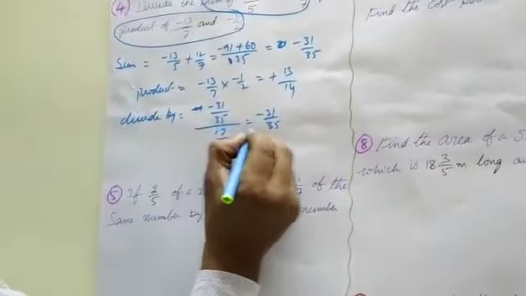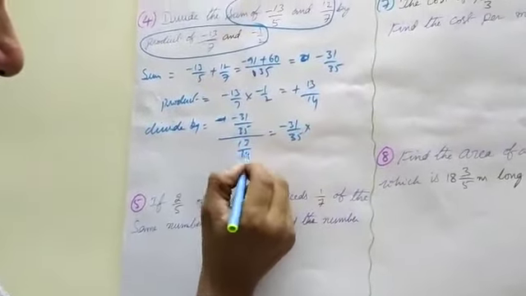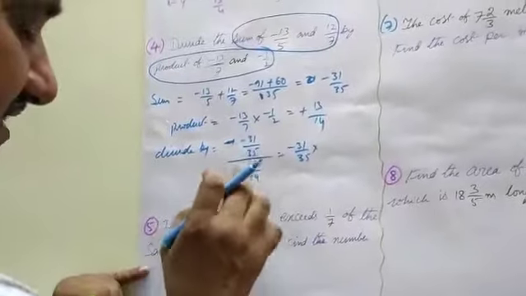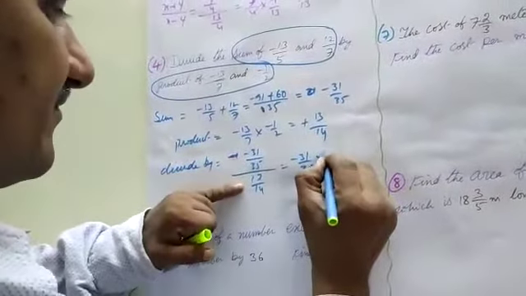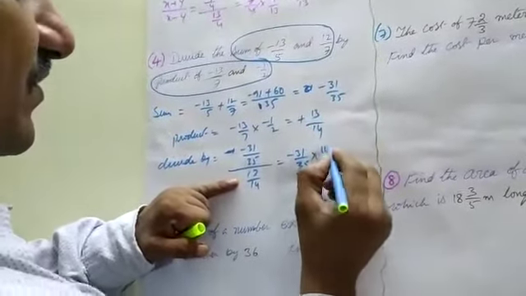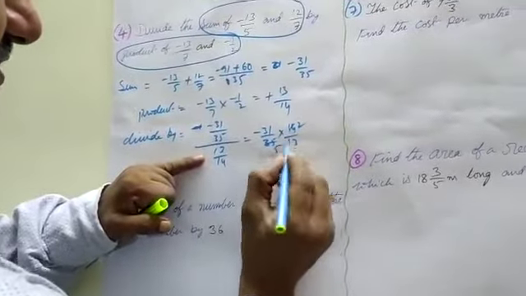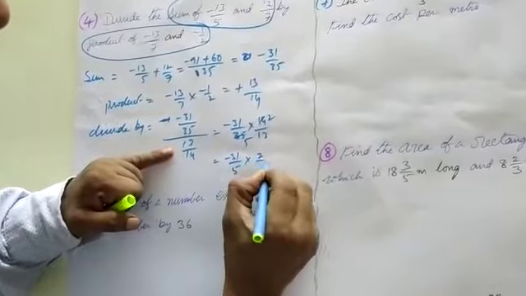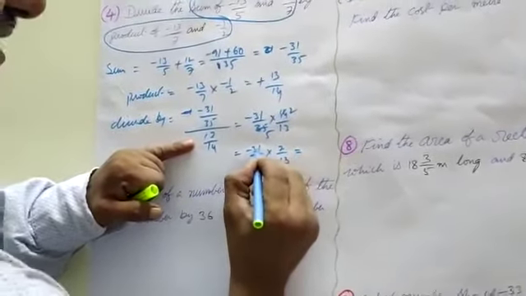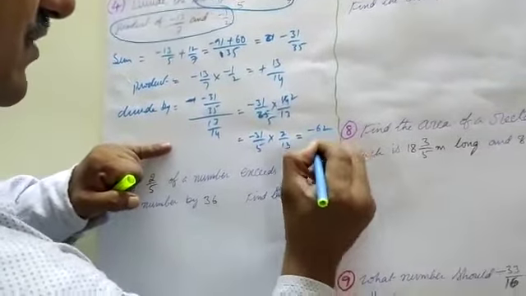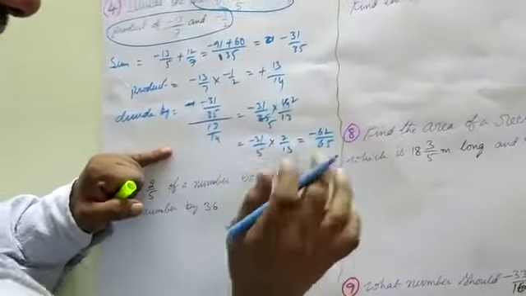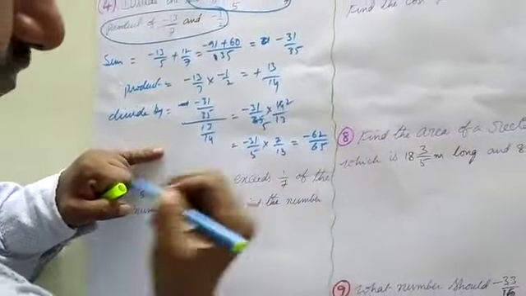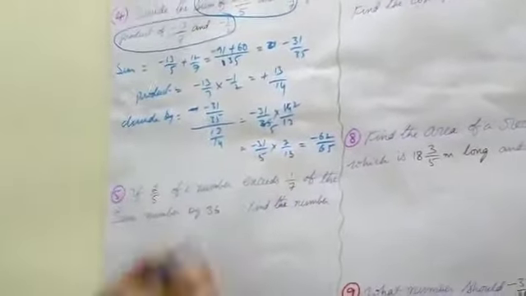The division converts into multiplication, with the reciprocal of the rational number in the denominator. Therefore 14 by 13. 7 2s, 7 5s. That means minus 31 by 5 into 2 by 13. Therefore 13 1 2s, minus 62 divided by 65. This is the final answer: minus 62 by 65.